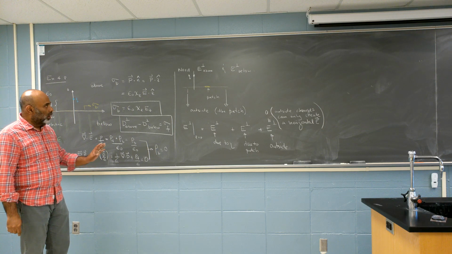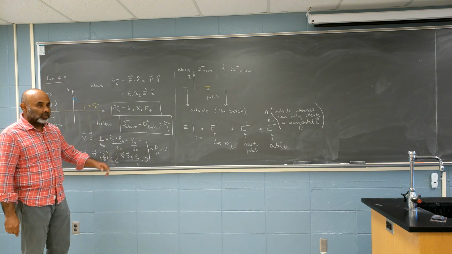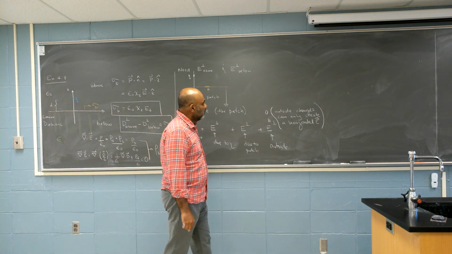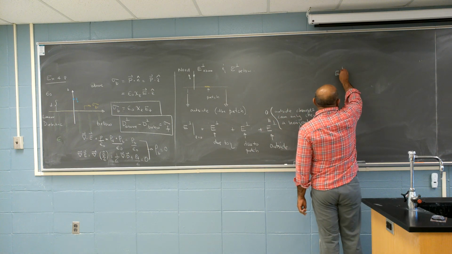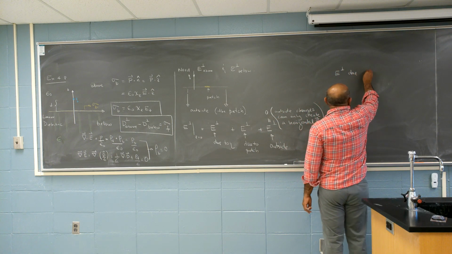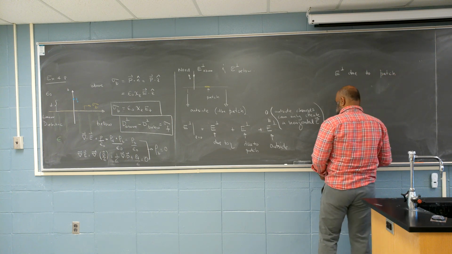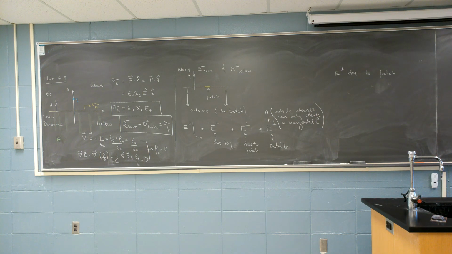Okay, I need one more piece of the puzzle, and then we're ready to go. I want to get E due to the patch. So I'm going to zoom in on the patch.